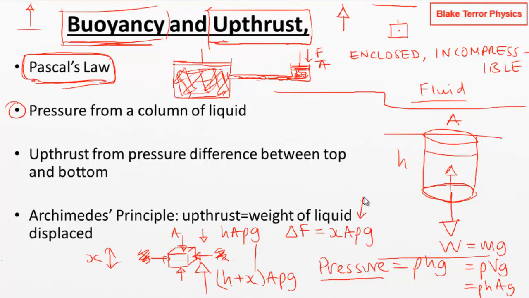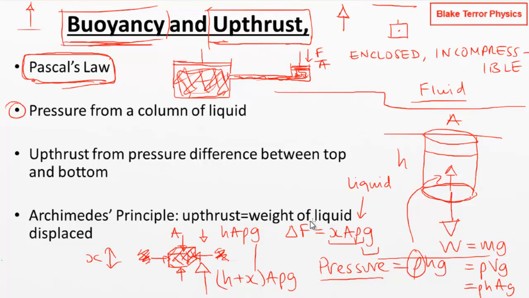So remember here, this is the density of the liquid, not of the object. Remember we got that here. That density there, that's the density of the liquid. So we can then see that this bit here is the volume of the object multiplied by the density. So that is the mass of the liquid that fills the same volume as the object. If you then multiply that by g, we've now got the weight of the liquid, which is the same size as the object.